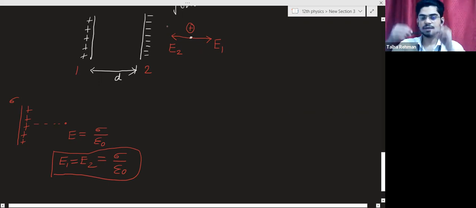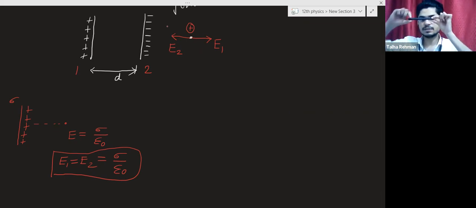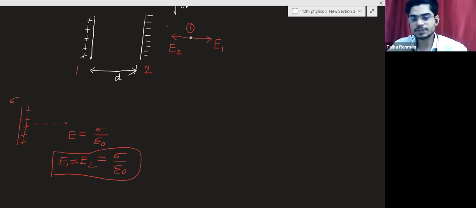It means that here this E1 is equal and this E1 is equal. You can say there is a point here, and someone is stretching this pen in this direction with a force F, and another person is stretching this pen in this direction with equal force. So the net force will be 0.